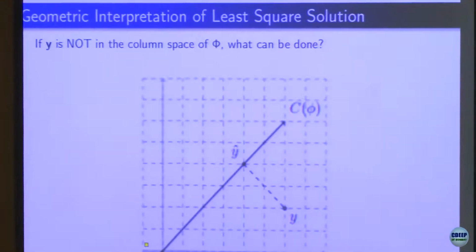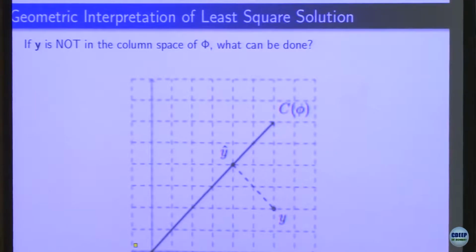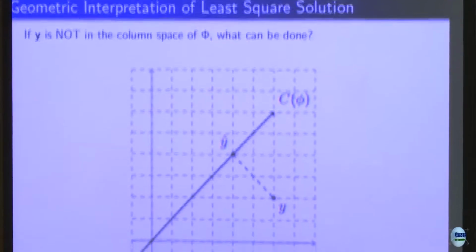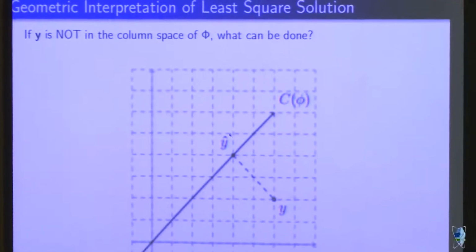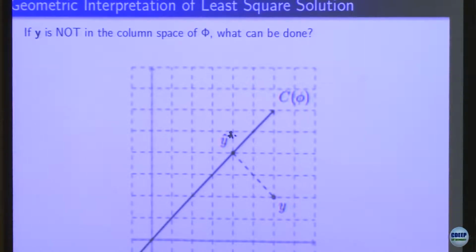So, how do you visualize this? So, this is how we visualize it. Here's my y. Y is the same as y star. Okay, so if y was indeed here, in the column space, then W star could be found.